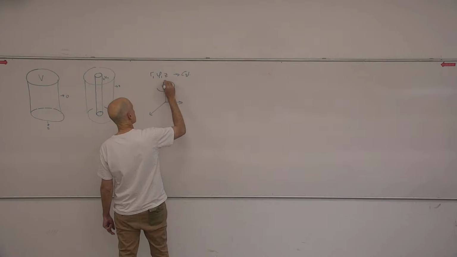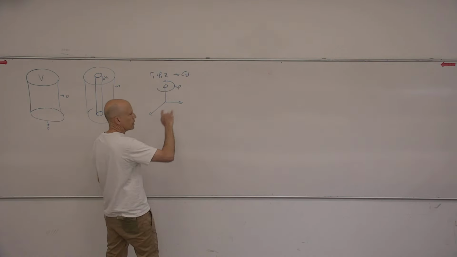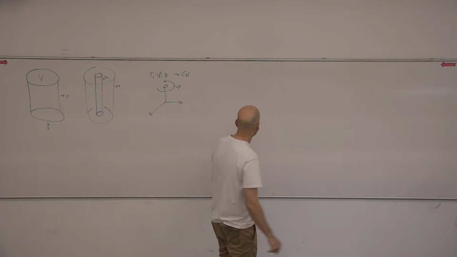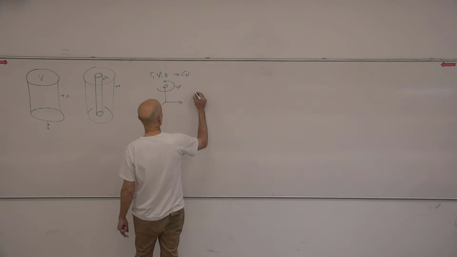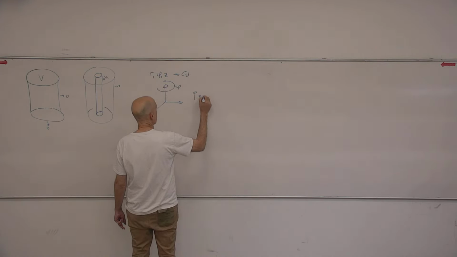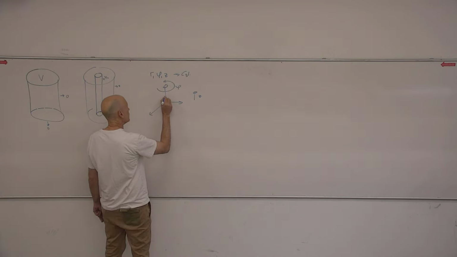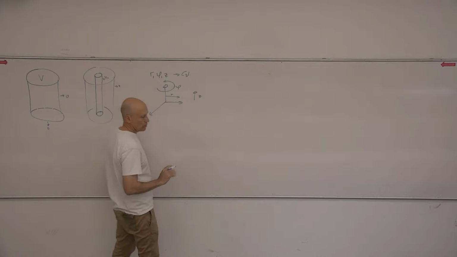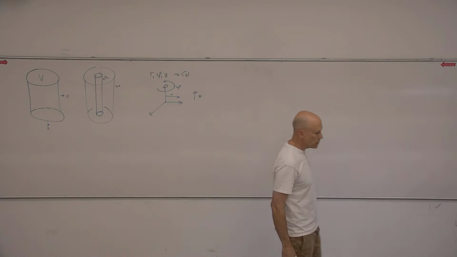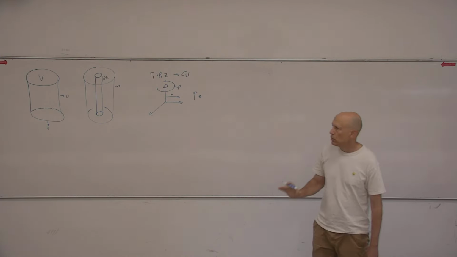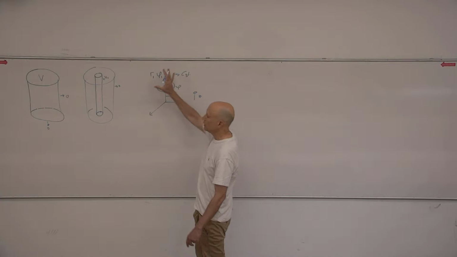So phi describes the angle of rotation around the z-axis. The z coordinate is obviously in the z direction, and the r is just how far you are from the z-axis. So these are the three coordinates, r, phi, and z.